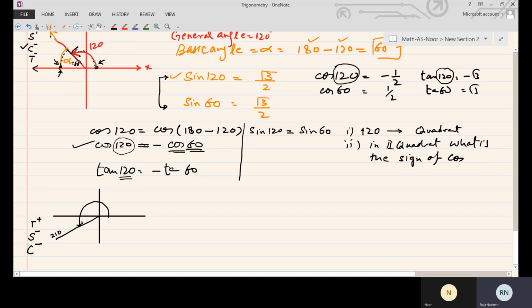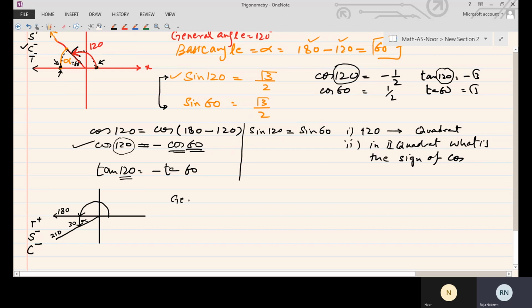The first thing is we'll figure out which angle is the basic angle. Alpha is the basic angle with the x-axis, and we are sure that this line's angle is 180, and the line in the third quadrant is 210. So the difference of 210 and 180 is equal to 30.